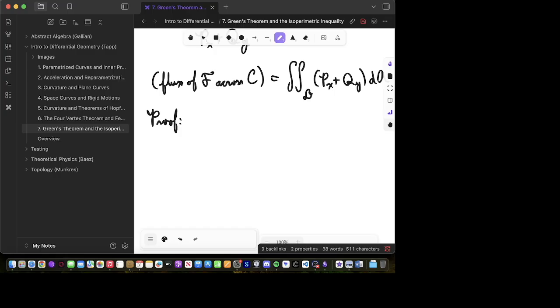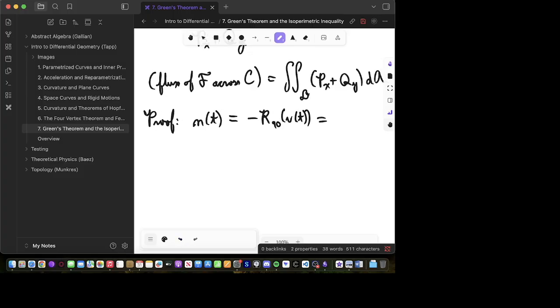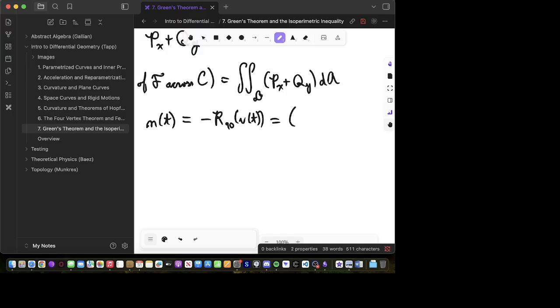So we can consider the normal vector as before as a sort of rotation of the velocity, and this time it's going to be negative. So remember, the velocity is x prime, y prime. That's how we parametrize it.